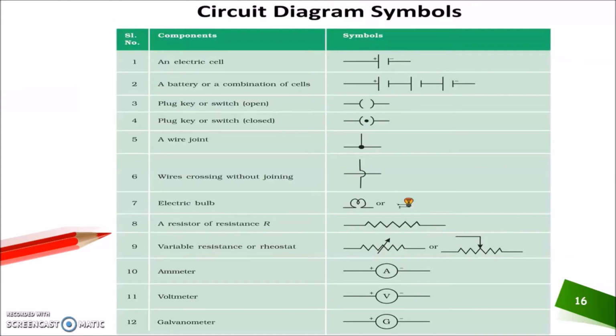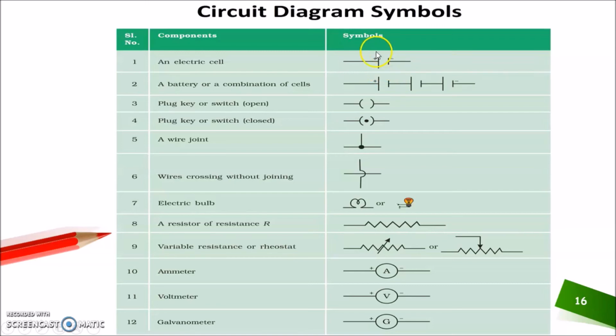Next, these are a few symbols which we are going to use in this chapter later on. This is the symbol of electric cell, positive terminal and negative terminal, higher potential and lower potential.